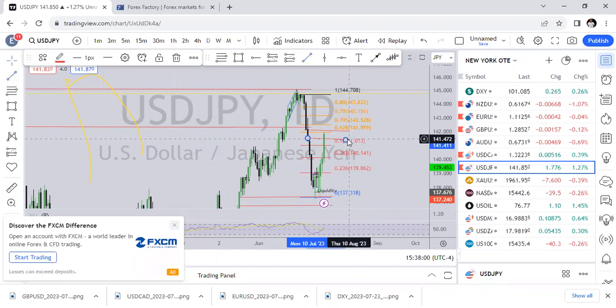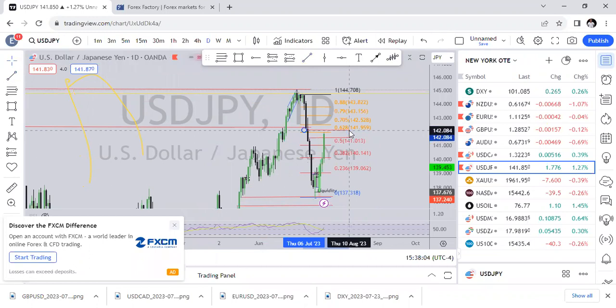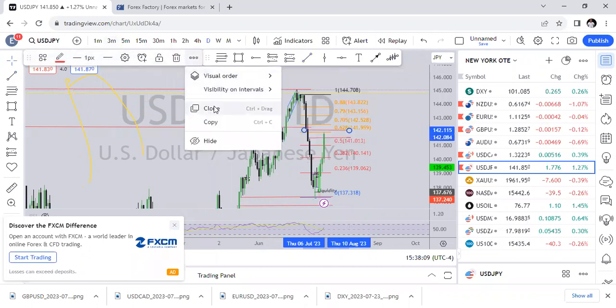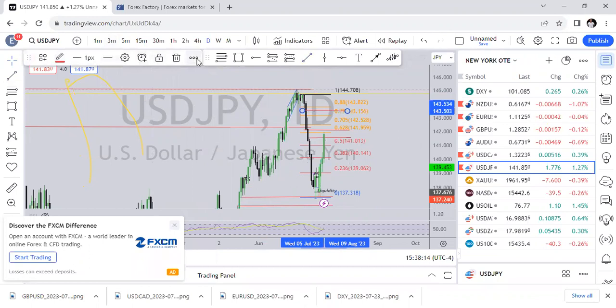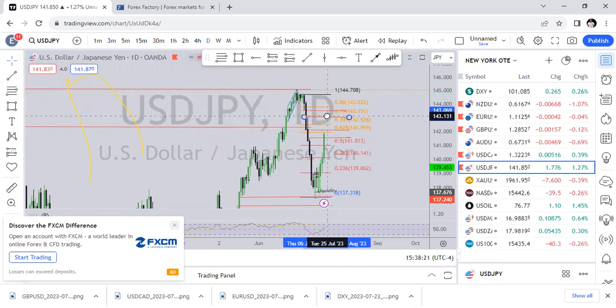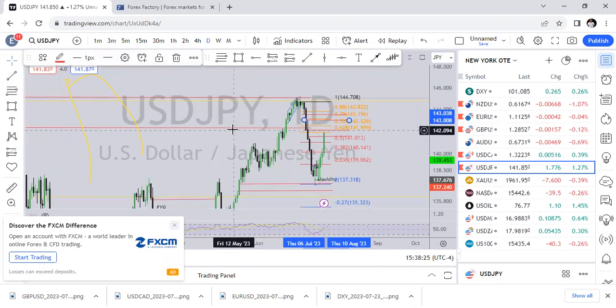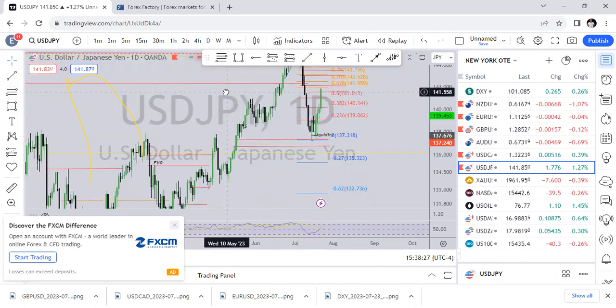If it surpasses that level, then we want to see it come as high as this. But from this point now, based on the way the market moves, I think it will be best to start looking out for sell.